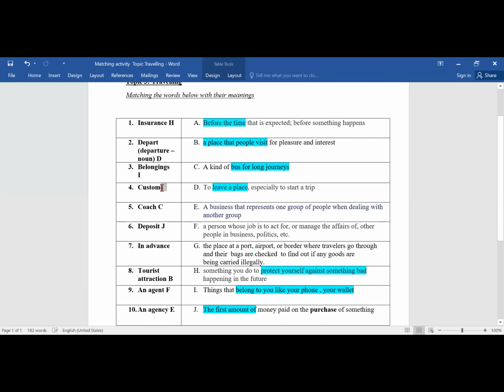Let's look at the word customs here, and it is always written with letter S. Customs is a place at an airport, at a port, or at a station, and you need to go through this place, and your bags and your luggage will be checked to make sure that you don't carry anything illegal before you leave or enter a country.